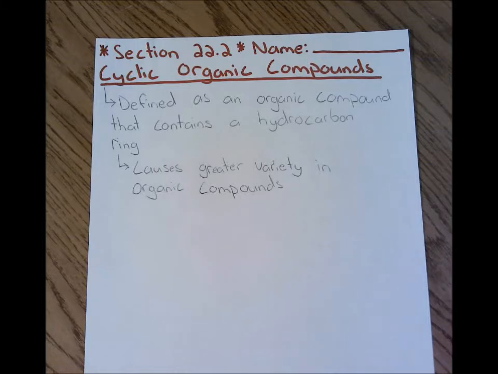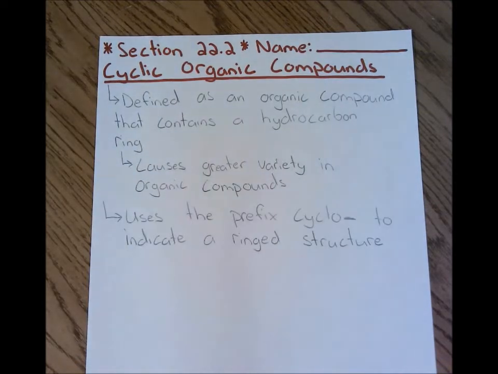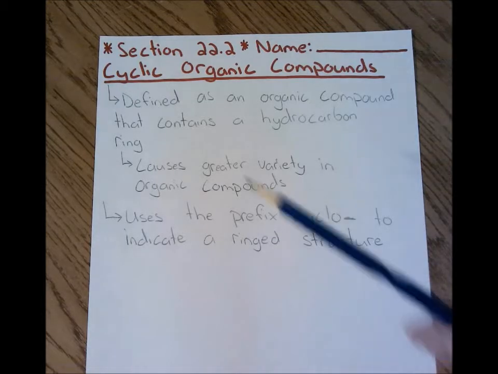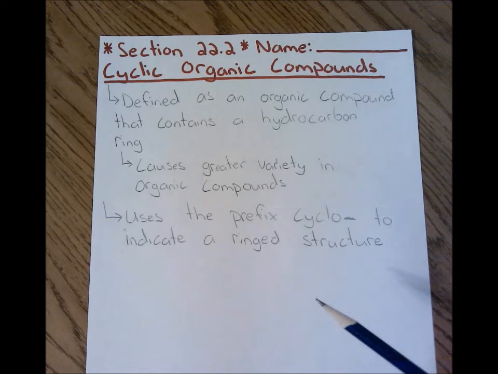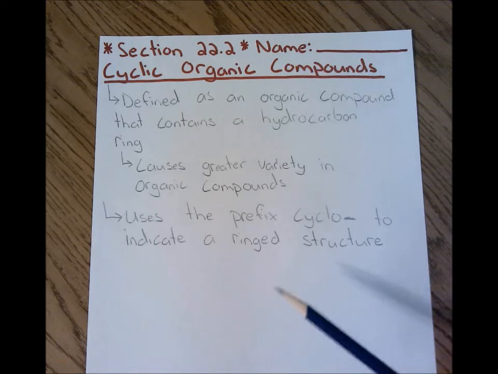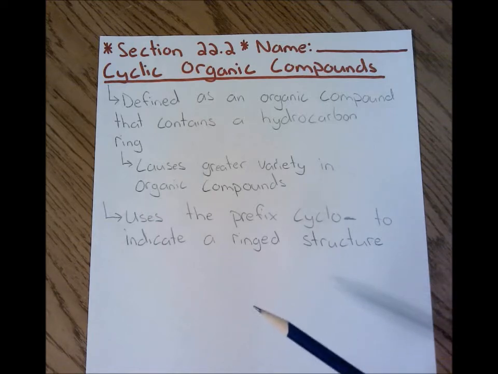If you see cyclo in front of the longest chain carbon, then that means that is a ring structure. All of those carbons are connected together. And I just want to make clear, when I talk about a ring structure or cyclic, I can use those terms interchangeably. What I'm talking about is all of the carbons are connected together.